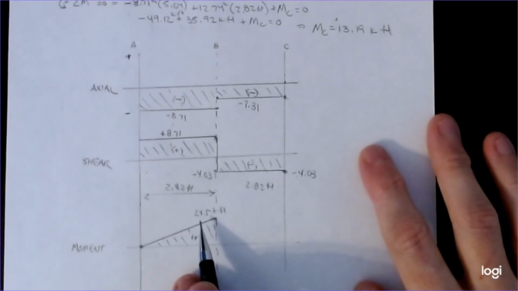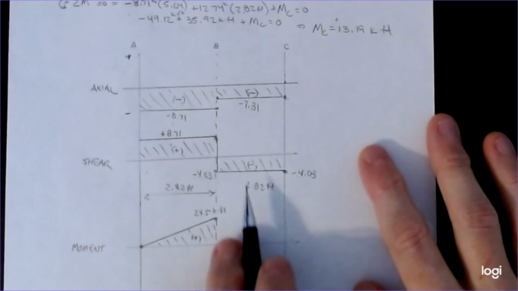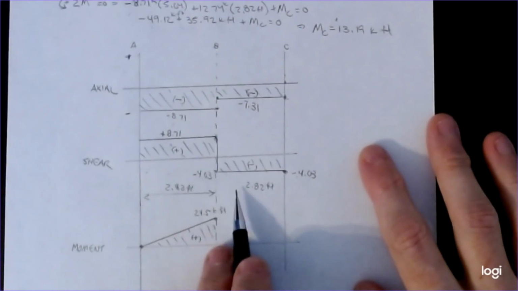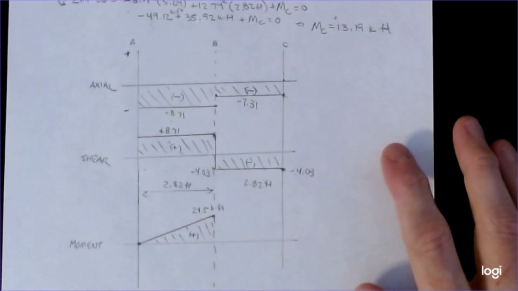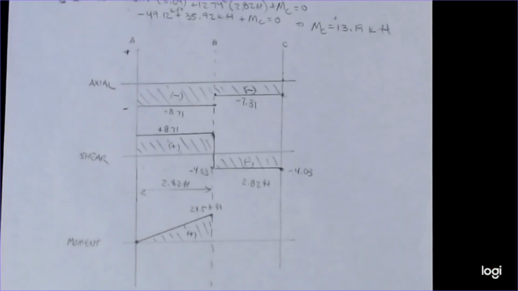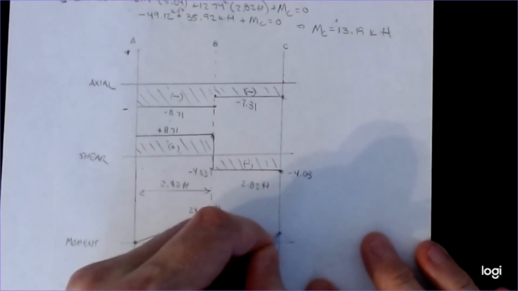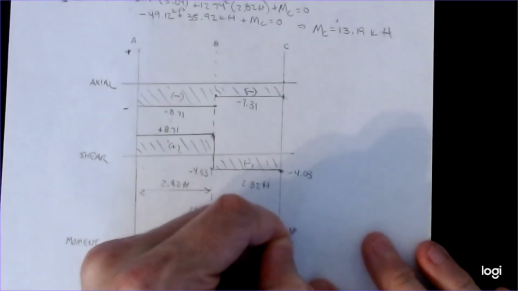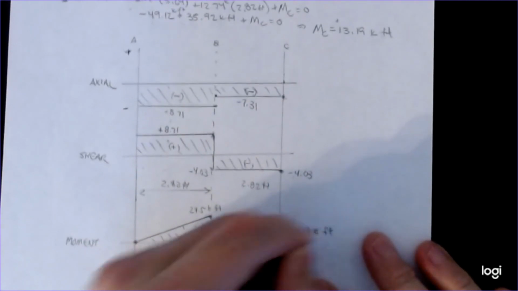And then when I come over and subtract off the next dimension, which is now going to be 4.03 times 2.82, this gets me down to 13.19 kip feet, which is what it should be.